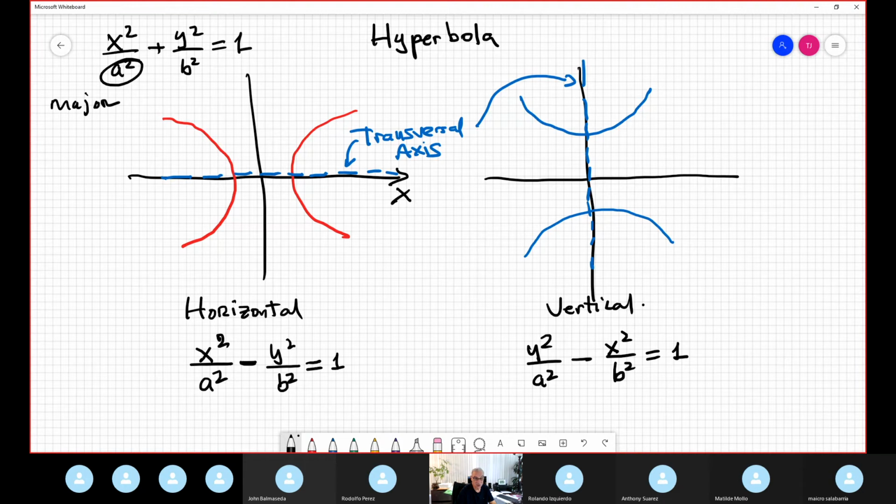You see that intentionally I put A in the X here and A in the Y. So A is a number associated with the positive part, maybe X or maybe Y, not necessarily the bigger number. Okay, this is a small difference, because students don't organize it in their mind to understand this.